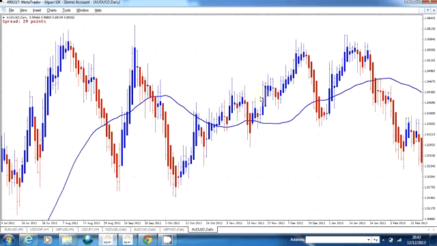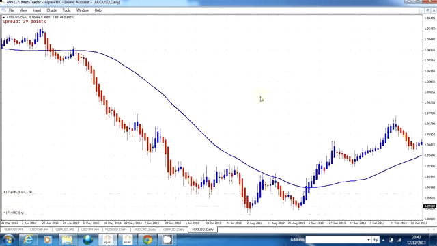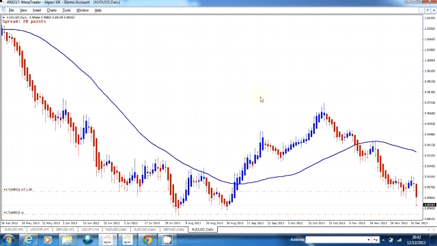So let's scroll back to today, for example. Okay, right. In a downward trend, you necessarily don't know up here whether there's a trend or not. By the way, this is Australian dollar daily. This could be used on any currency pair.